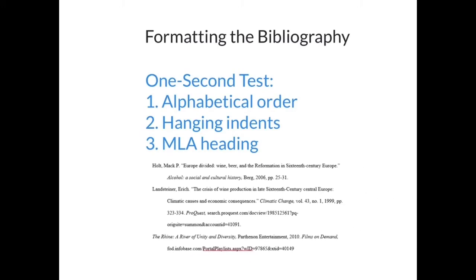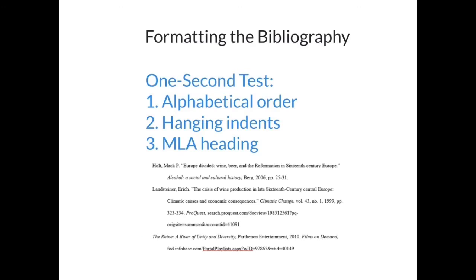So here's a cutting from a works cited page that I just found on the internet, or a bibliography. You'll notice for alphabetical order, it doesn't really matter if your sources have author names or just titles. You put them in the order of the first element in that list of containers that MLA follows. So this goes Holt, Landsteiner, and Rhine.